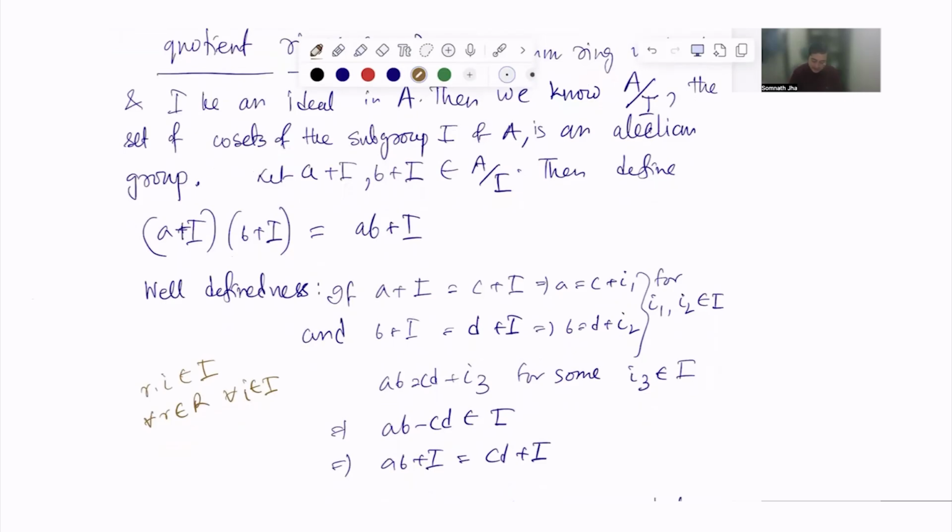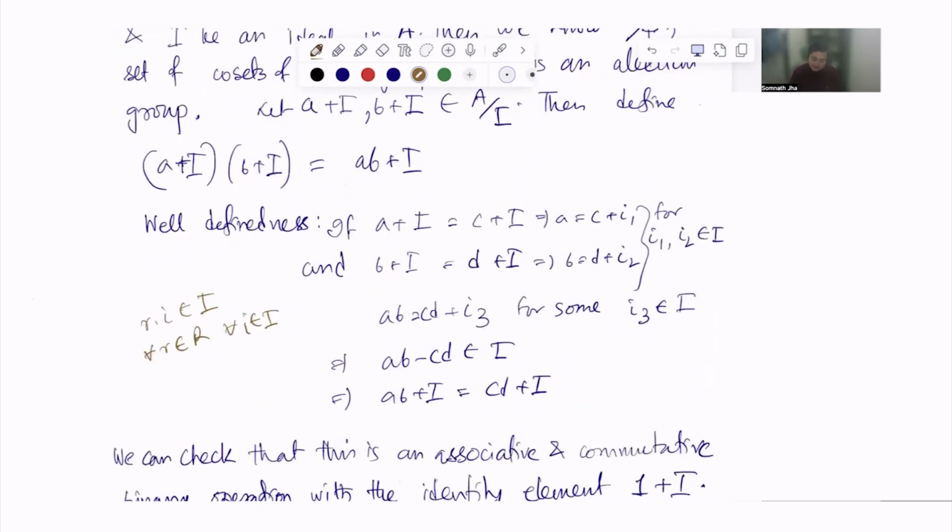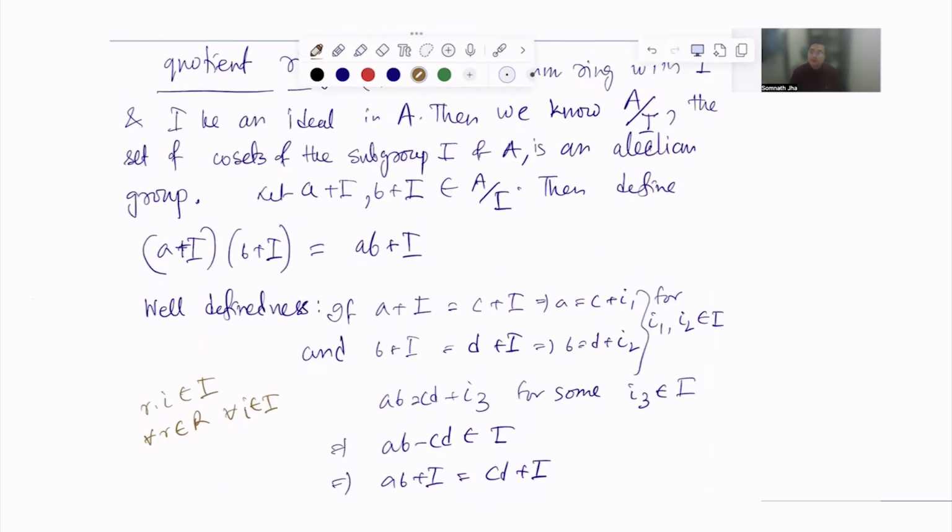That means ab minus cd is an element of I. So the coset ab + I is the same as the coset cd + I. So this multiplication is well defined.